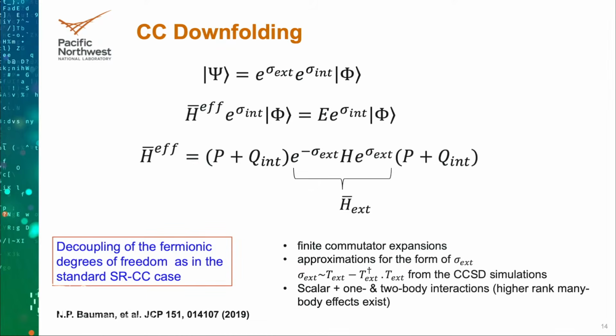In this case, if we want to do something tangible, we have to apply several approximations, certain classes of approximations. We can only deal with finite commutator expansions. We have to get the source of the sigma external from somewhere. And for practical reasons, we only keep 1- and 2-body interactions in the effective Hamiltonians.